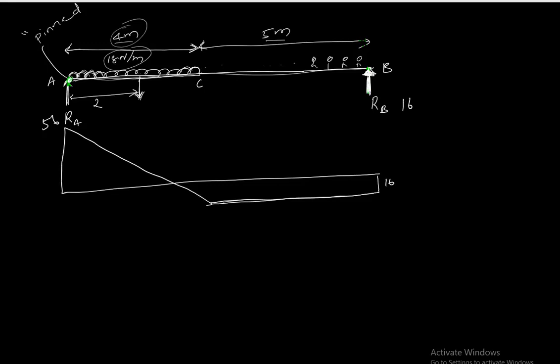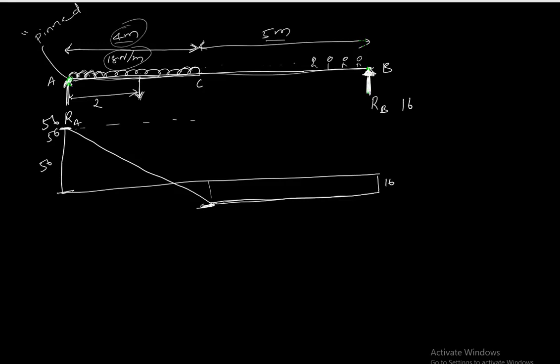Okay, and this will be from 16. So this is 16. This is 16, and from here to here should be 72. So from here it's going to be 56. Okay, so here it's going to be 56, which is again the reaction force here.